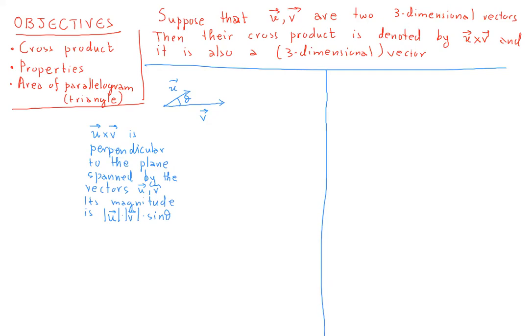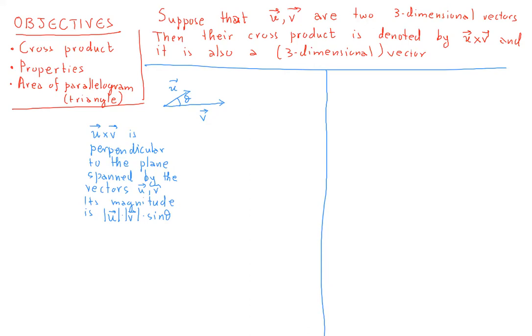So it's an angle somewhere between 0 and pi. Please notice that for those angles, the sine is a non-negative quantity. So the product that I just wrote down is going to be non-negative, so it can be used as a length for a vector.